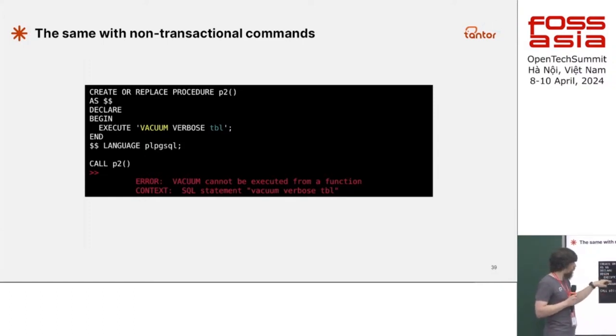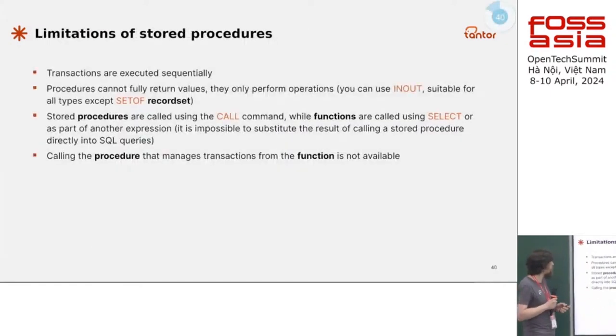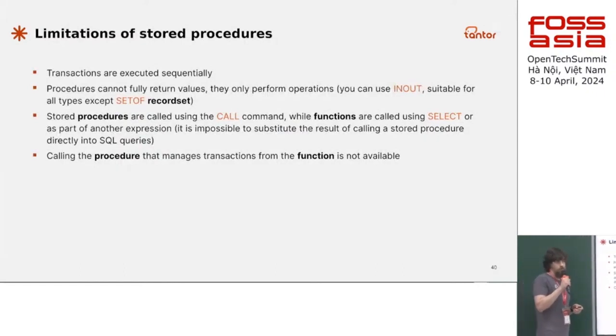We call vacuum here, and it's impossible to execute. We have an error. Also, procedures don't return values. So it's a disadvantage because we can't use them in some operations. Also, we have a different syntax to call procedures and functions. We have some time to rewrite them.